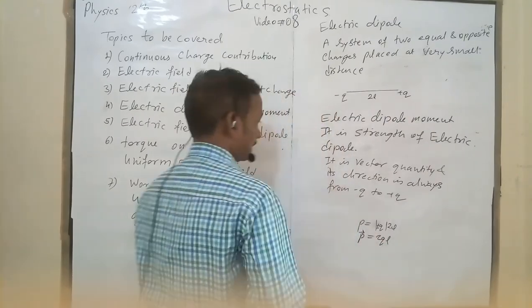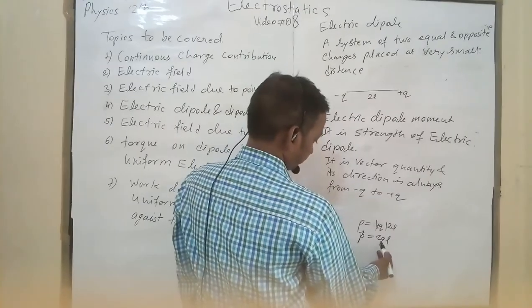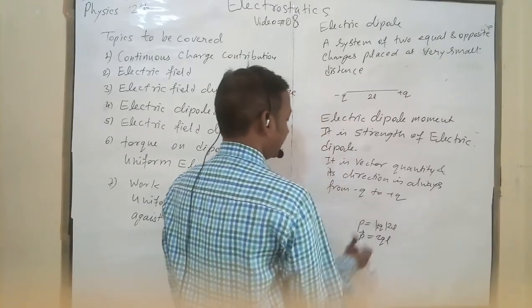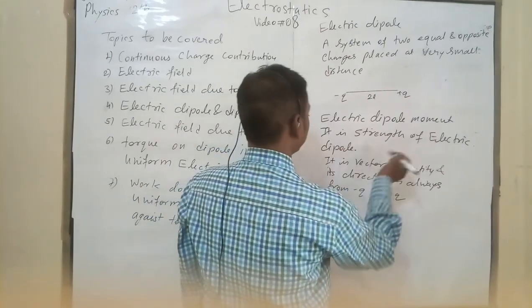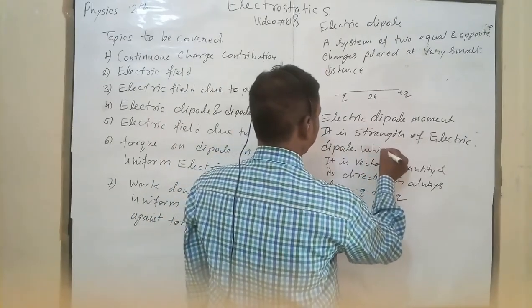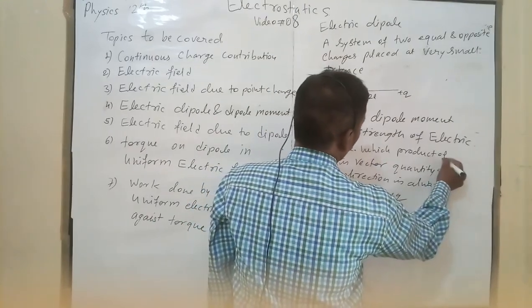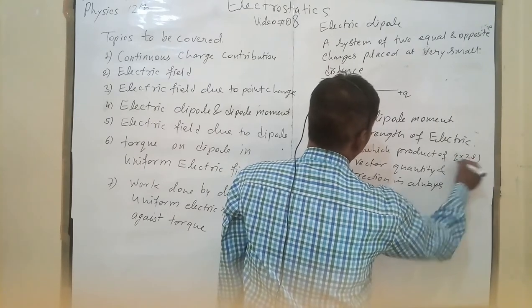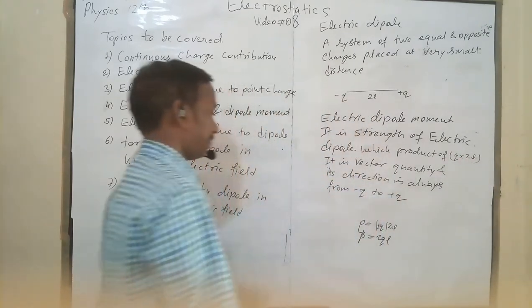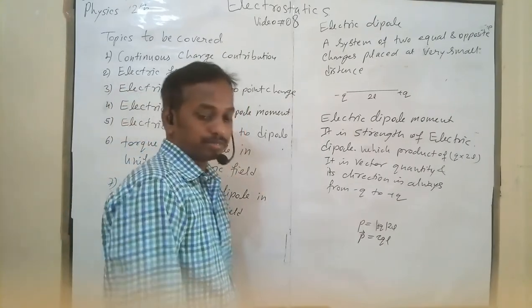It is a vector quantity and it is the product of either charge and the distance between the two charges, which is the product of q and 2l. Now move to another topic.